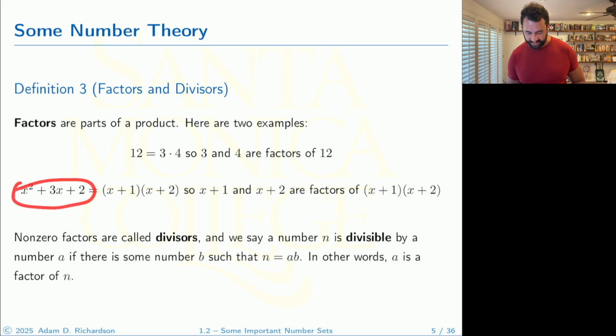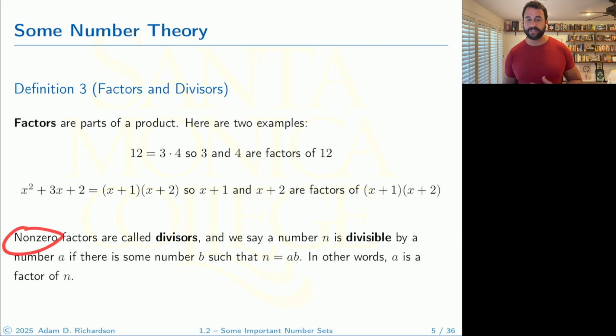But if we take this quadratic expression and factor it into x plus 1 times x plus 2, and if you multiply those together, you get this back. So x plus 1 and x plus 2 are two factors of this expression. So that's what a factor is, parts of a product.